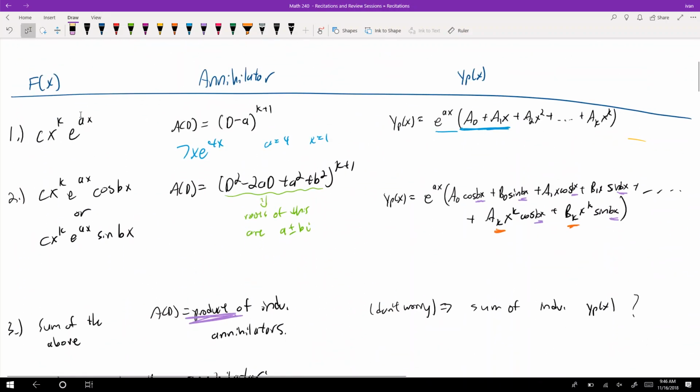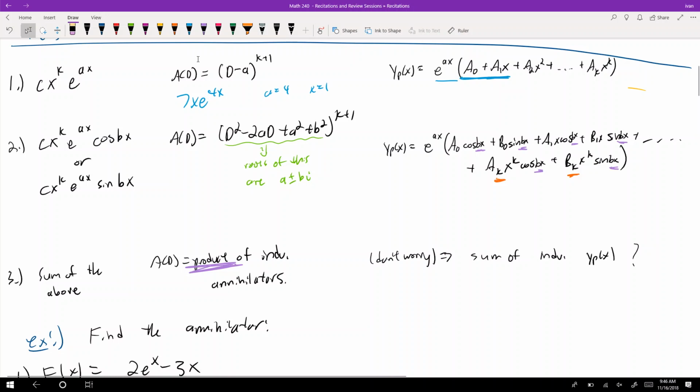Look at what we have to guess. We have yp of x is e to the ax plus some sum here, right? So remember, we have to take derivatives of this thing, and if you also had an x to the k term, you're going to end up taking a triple product rule, which is super not ideal.